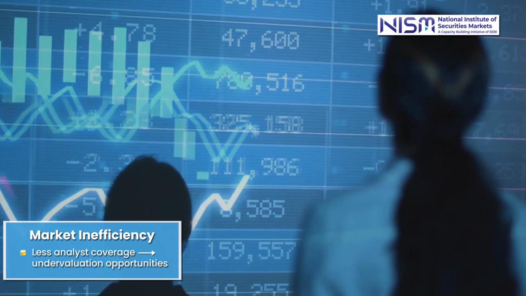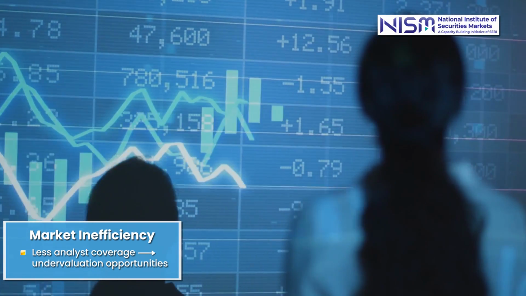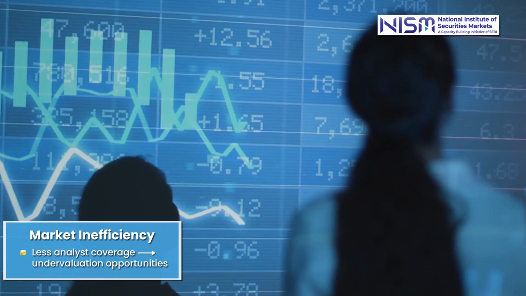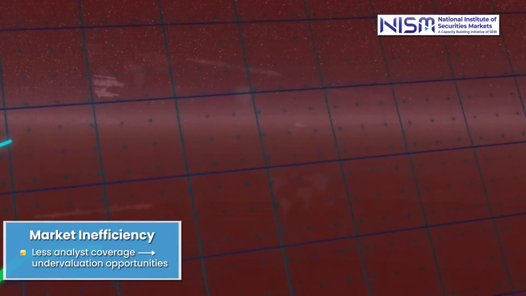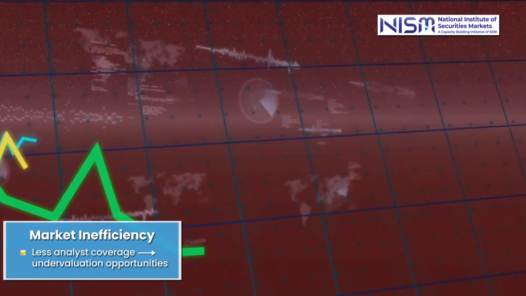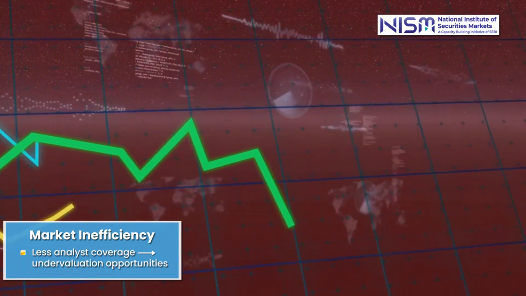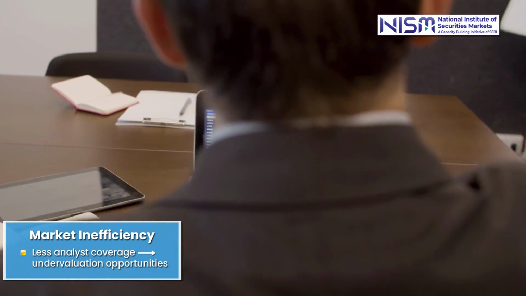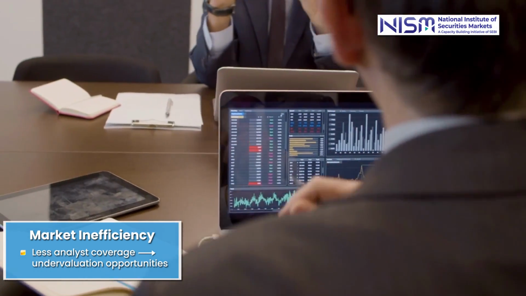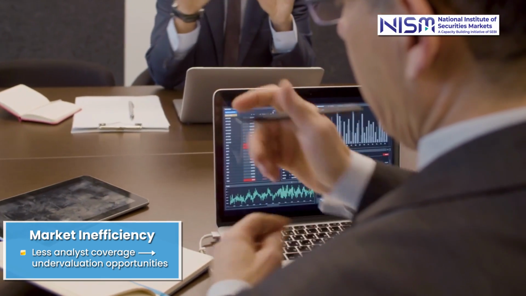That's why the market price may not depict the true potential that the business carries, and there are chances they could be undervalued and offer higher price appreciation. Because of this market inefficiency, a lot of investors are attracted to these stocks.